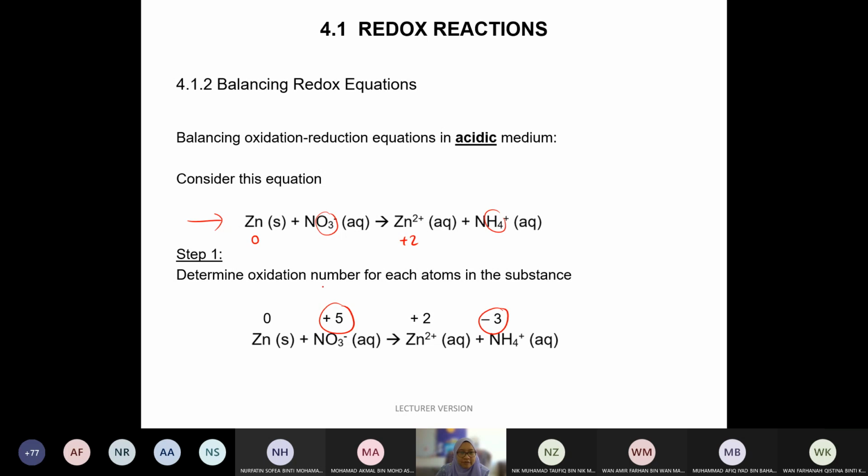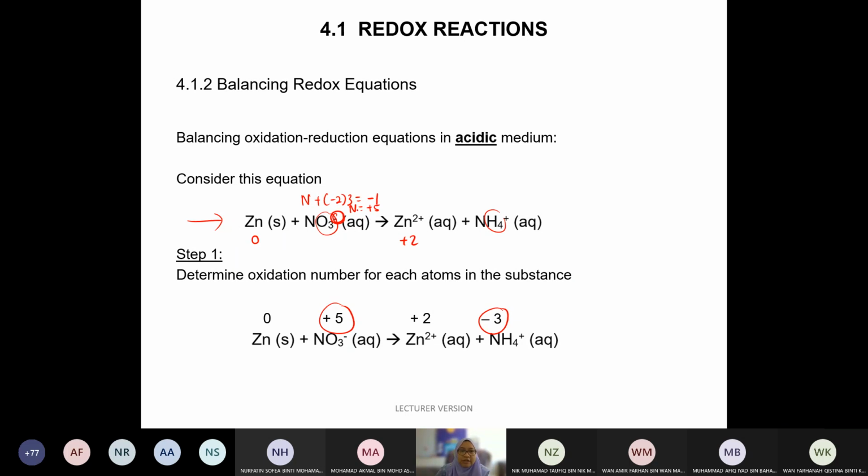Tapi how do you get positive 5? Sama macam what we have learned earlier. Okay, so nitrogen kita tak tahu, kita ada oxygen is negative 2, darab 3, so total charge is negative 1. Betul tak? Okay, so bila you transfer to the other side, you akan dapat positive 5.